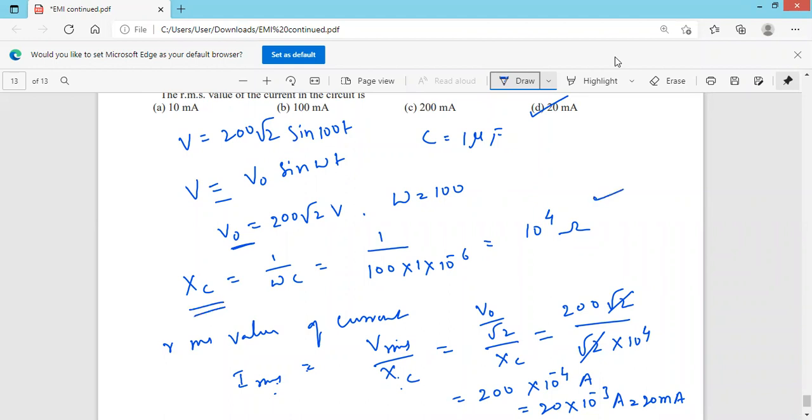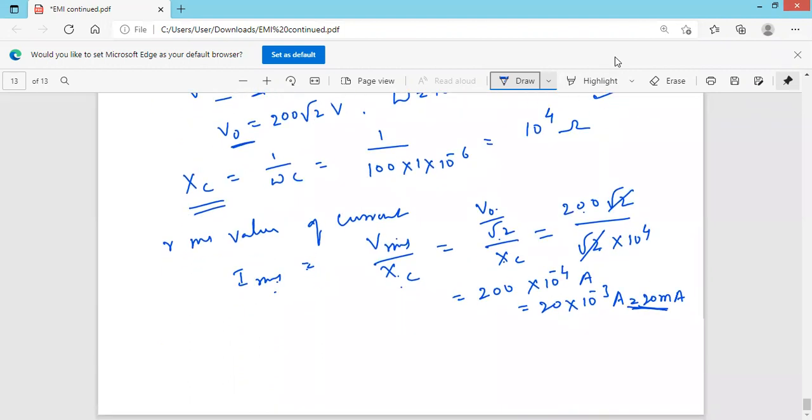Simplifying, we get 20 milliampere. This is the correct answer.